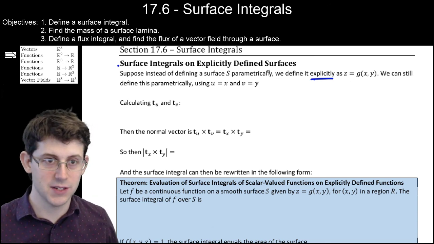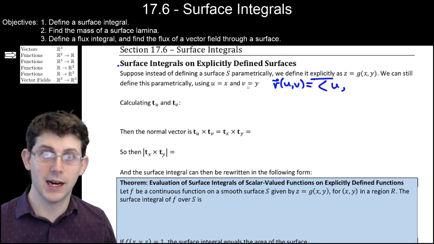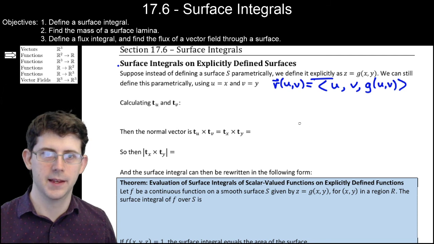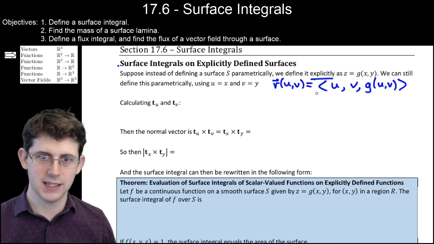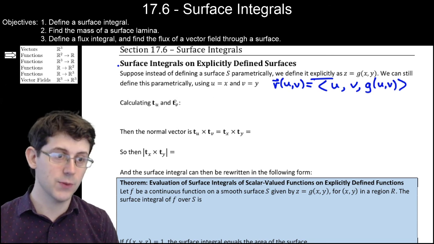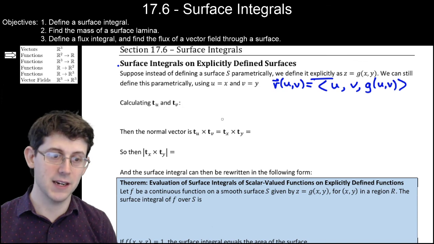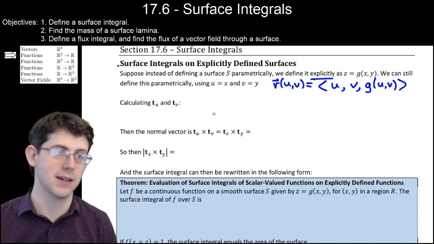So your surface will be r of u, v is, well, what's x? X is x. What's y? Y is y. And what's z? It's this function. So when you go to calculate, if you have this surface that's defined explicitly, then we can figure out what Tu and Tv are and cross them to figure out what the Jacobian is once and for all, without having to do it over and over.